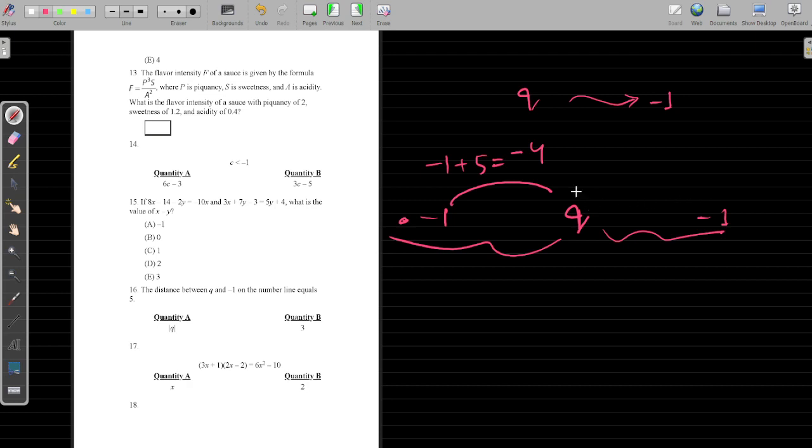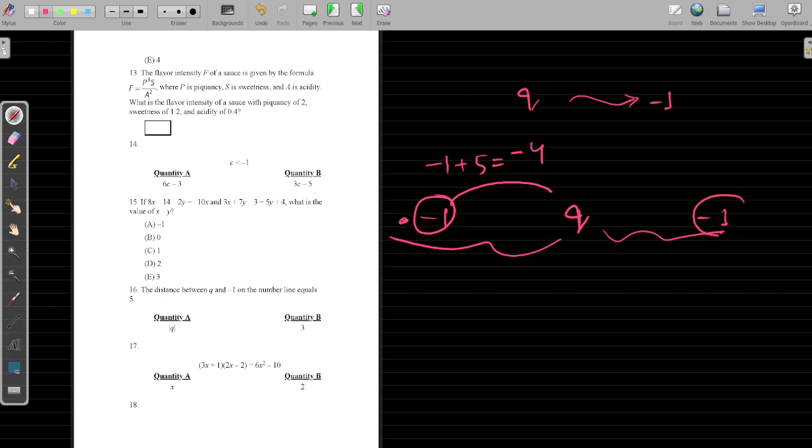Here you will get, suppose, okay, let me think again. The distance between q and minus 1 on the number line equals 5. So what is the value of q here? So the value of q from minus 1 at distance 5 means minus 4.